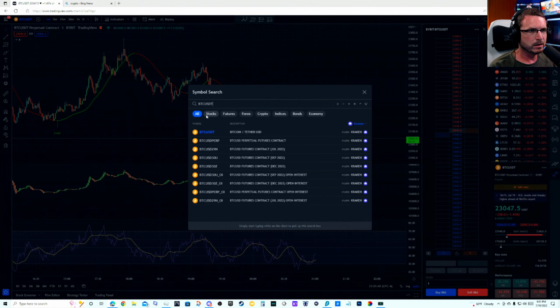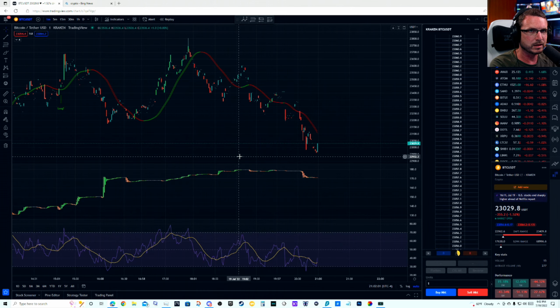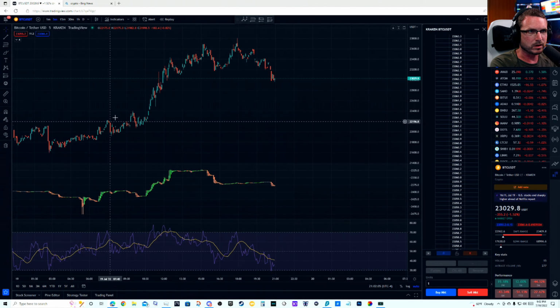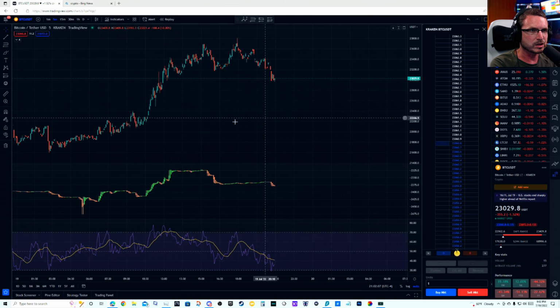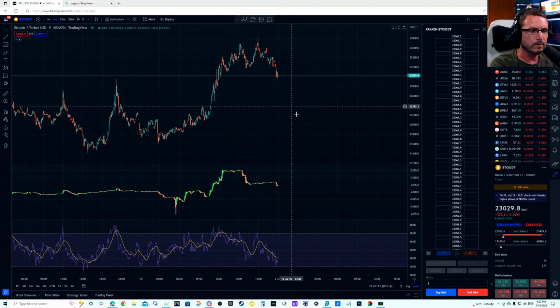On Kraken, you want to trade, let's say, Bitcoin, and you'll see it in the top left up here, Bitcoin versus US dollar tether, so USDT on the Kraken exchange. TradingView is where you're looking at this. Let's go to the 5-minute. This is what it looks like if you're using Kraken exchange right now to trade.